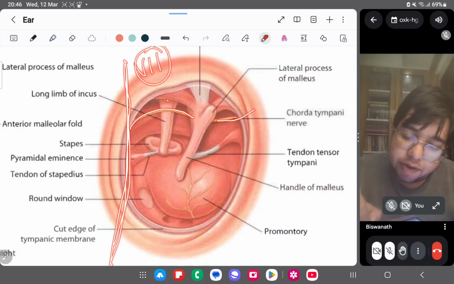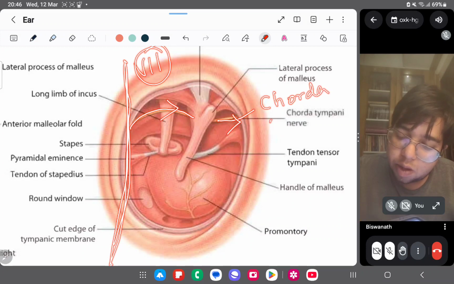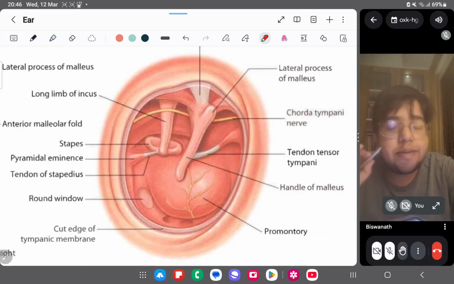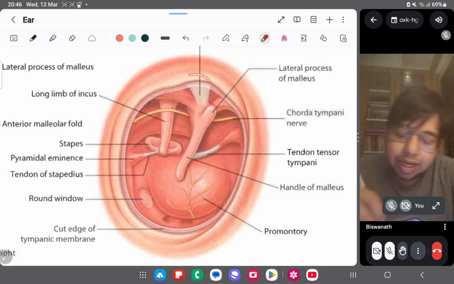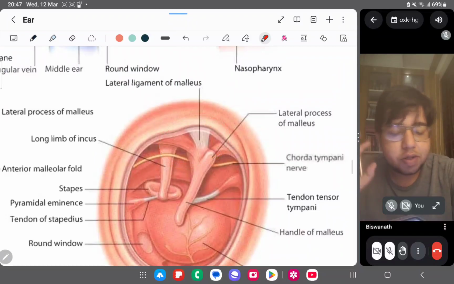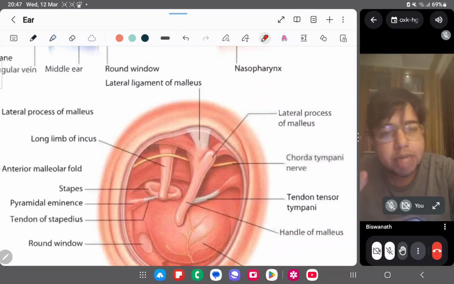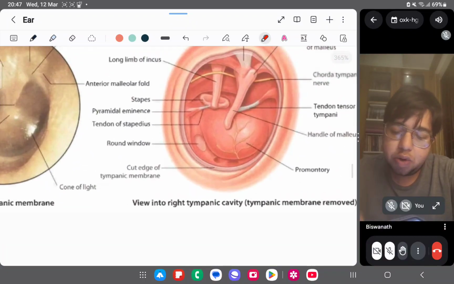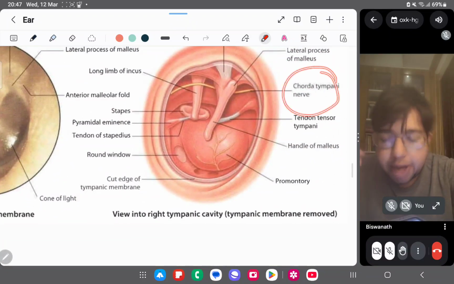It is a branch of the facial nerve. You all know that, the chorda tympani. So the chorda tympani nerve is basically giving innervation to the pars flaccida part also. So this is the nerve supply. I told you that it is the chorda tympani nerve.